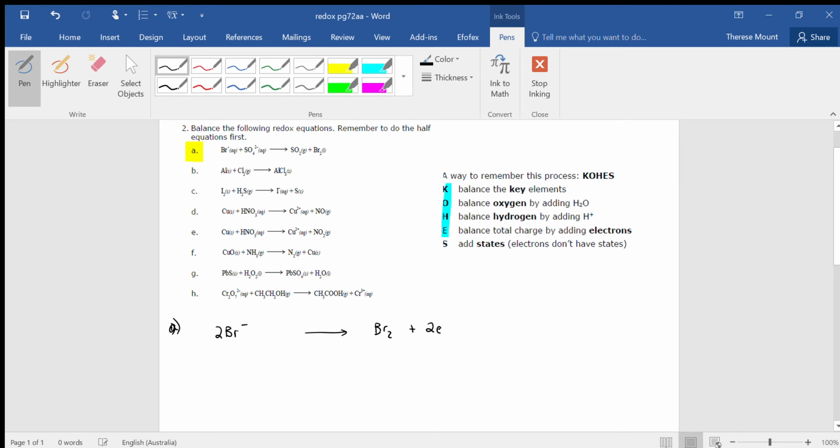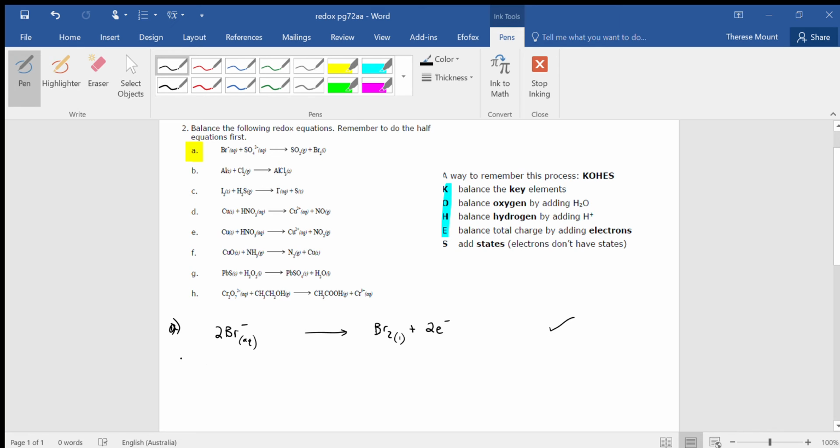I'm going to add 2 electrons to this side. Okay, so I've balanced my electrons. My last step is to add states. So this is an aqueous ion there, and Br2, they've told us it's a liquid. So that's adding the states. Electrons don't have states. So that's my first half equation balanced.